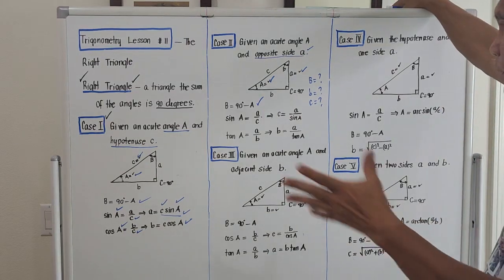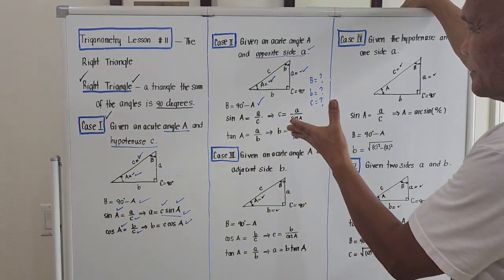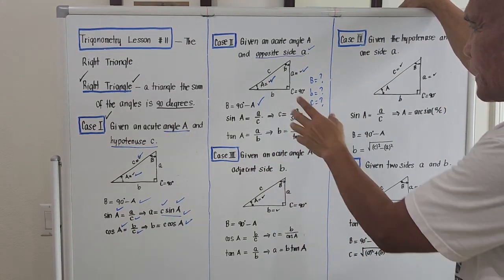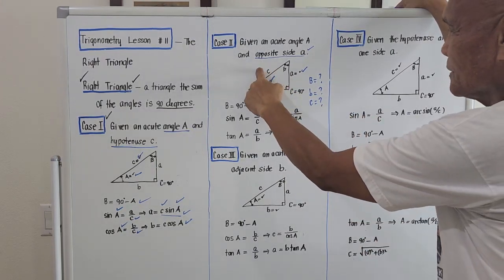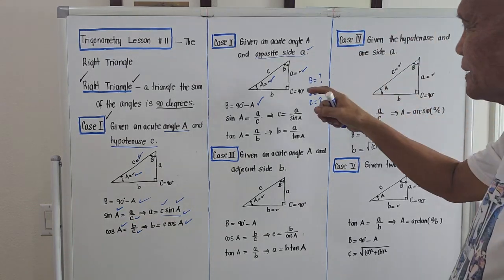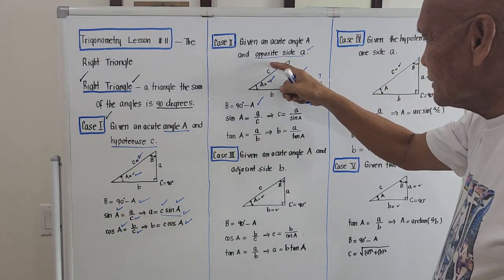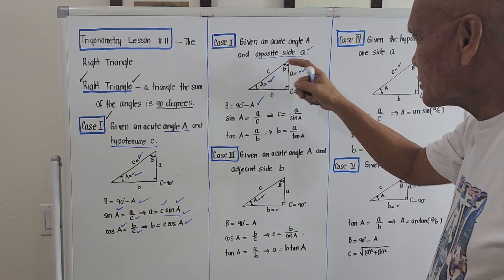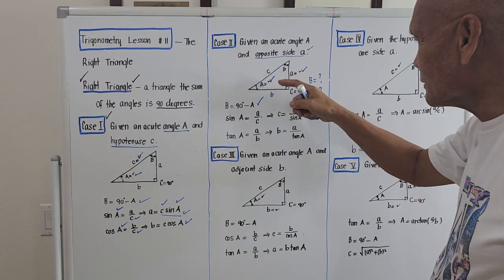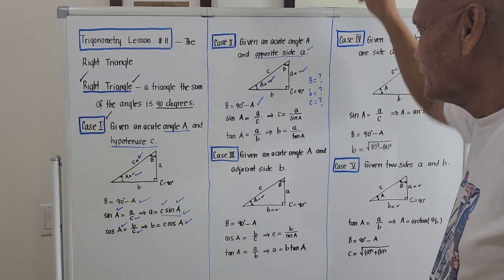Okay, what's next? Supposing we try to compute for C. Considering hypotenuse C, what will be the relation of hypotenuse C with respect to opposite side A considering angle A? It's still sine, right?